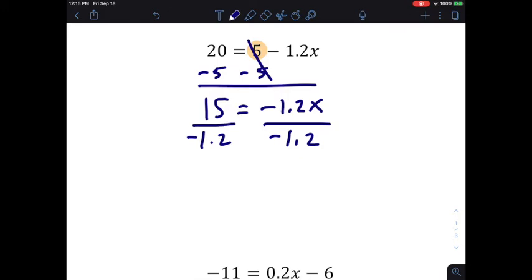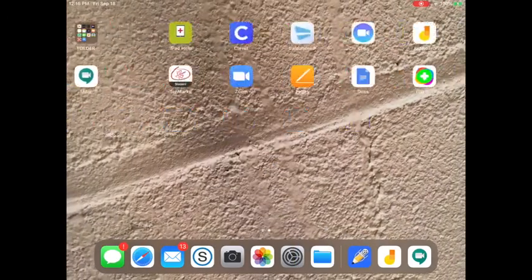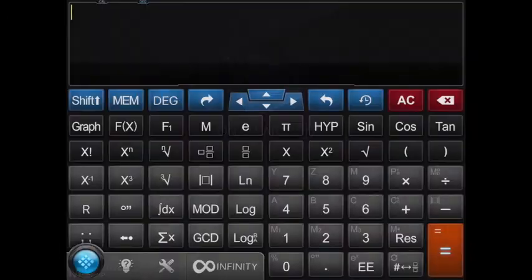And in this case, it would not hurt to grab a calculator. So even me, I'm going to grab a calculator just to double check and make sure that I know what 15 divided by negative 1.2 is. So I'm going to go to my calculator that we used, and I'm going to divide. I've got it set up so it's the big way.